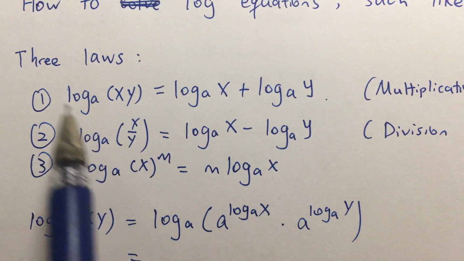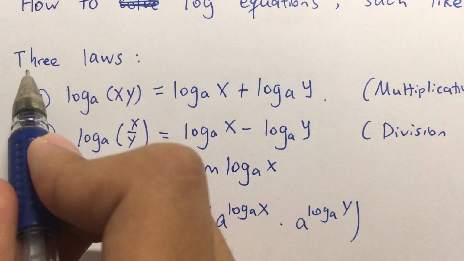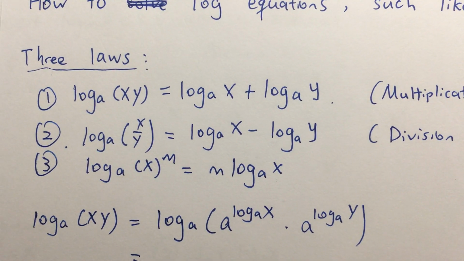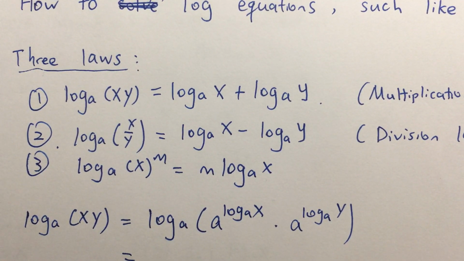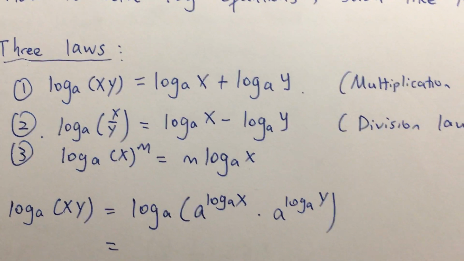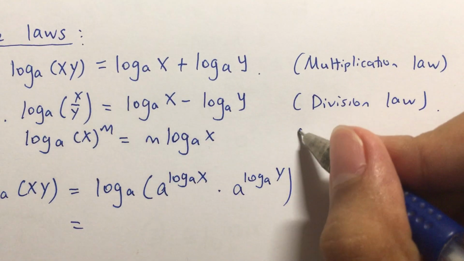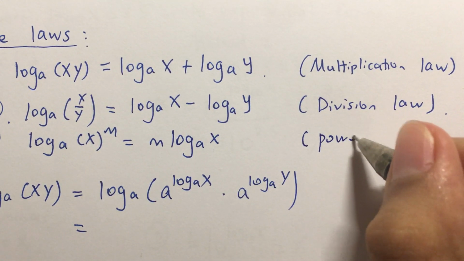We can prove these three laws, and these three laws are very important now, because most of the log equations are done by those three laws, which are the multiplication law, the division law, and the power law.